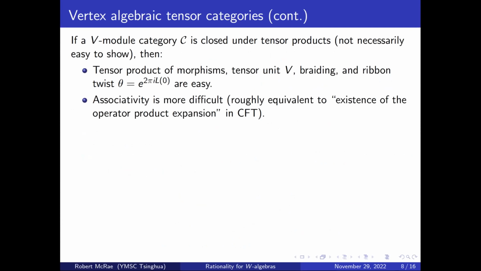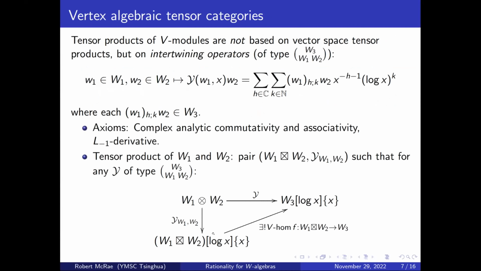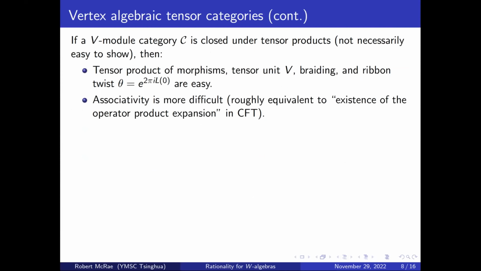So if we have this tensor product operation on a category of modules for a VOA, it's not necessarily easy to show that a category would be closed under tensor products, because defining some object by a universal property doesn't imply that the object actually exists.